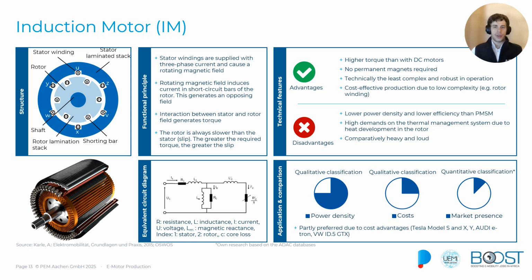As disadvantages, we see a lower power density and efficiency than with a PMSM due to the lack of permanent magnets. We have high demands on the thermal management system due to heat development in the rotor, and the induction machine is comparatively heavy and loud.